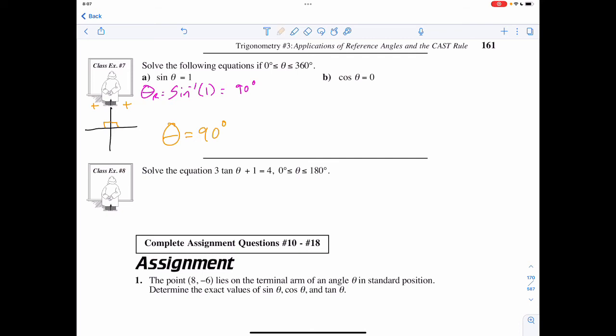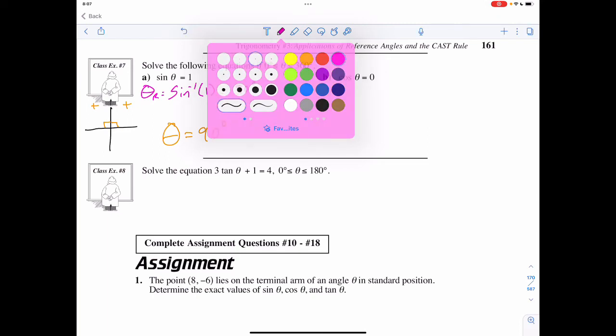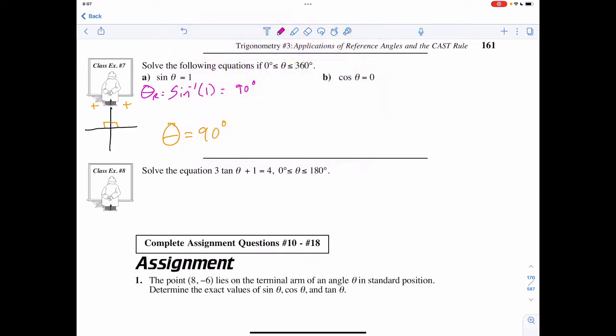For example B, if I take cos of theta equals 0, then my reference angle is equal to cos to the negative 1 of 0, which is also 90 degrees.